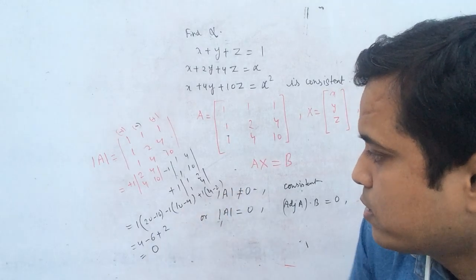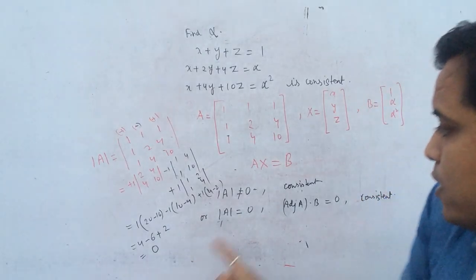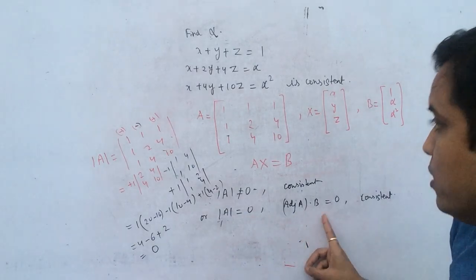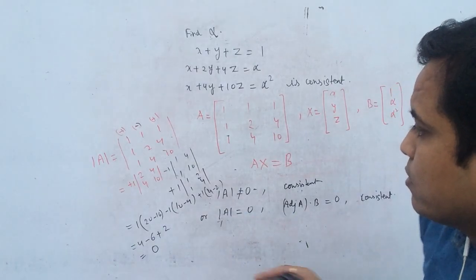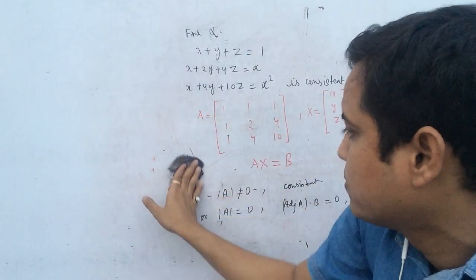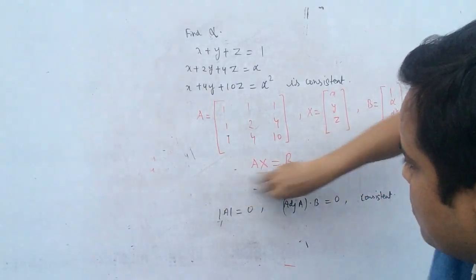So here you get the determinant of A is 0. So in this case, if determinant of A is 0, we need to find adjoint of A into B.